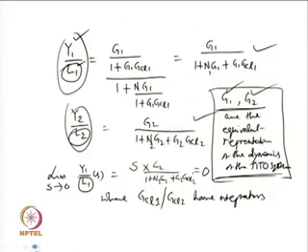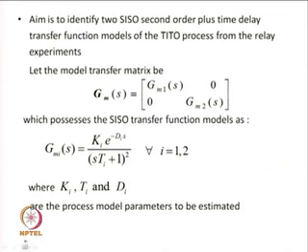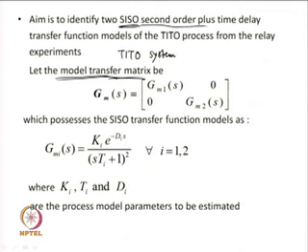Now, I will describe the dynamics of the TITO system by the model transfer matrix. The TITO system will be represented by two single input, single output, second order plus time delay transfer function models.